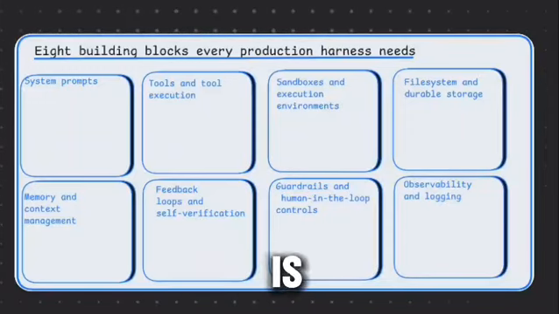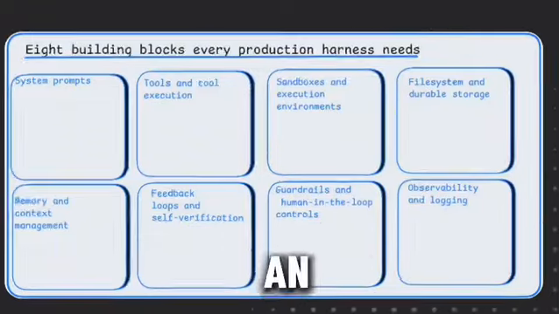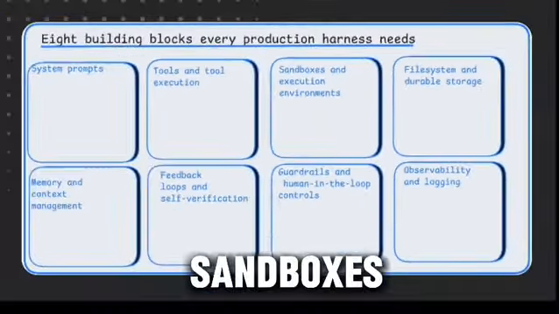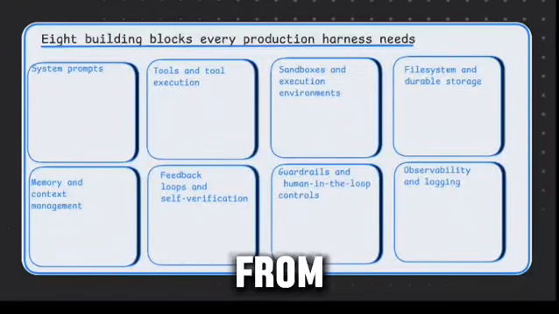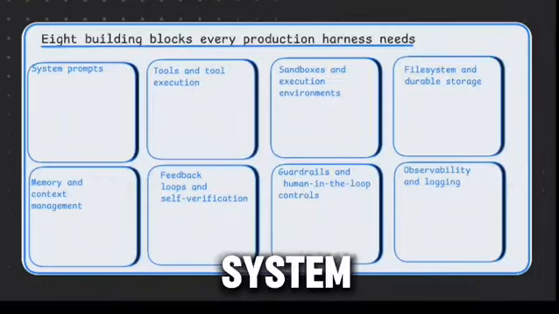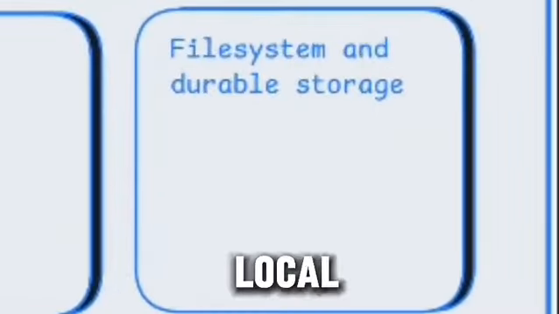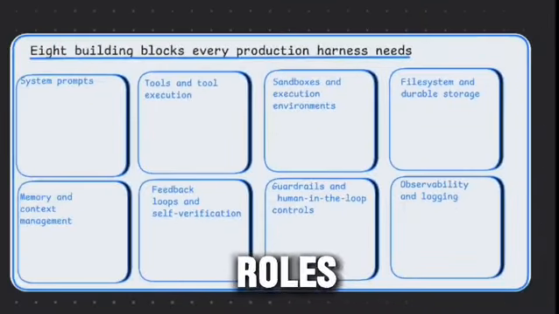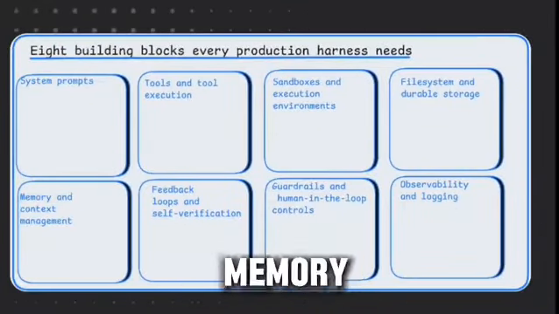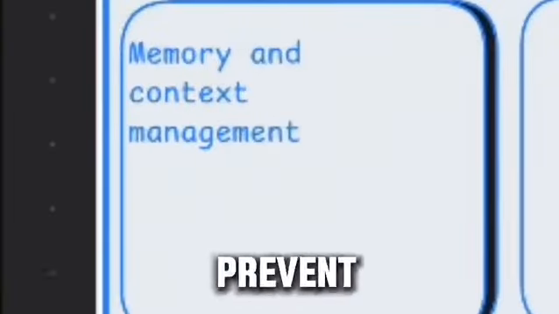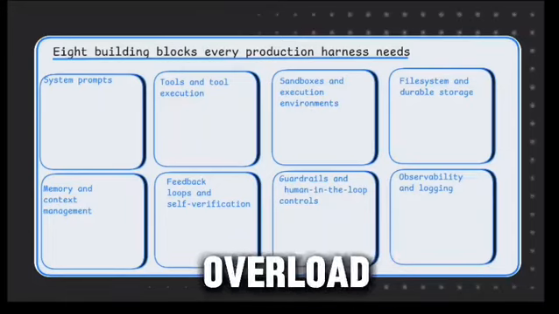The third is sandboxes. It is an isolated execution environment, and sandboxes stop agent code from altering production infrastructure directly. Then there is file system and storage: a local disk or a database where an agent saves plans and code across sessions. Memory management is a system that streams context logs to prevent model context overload.